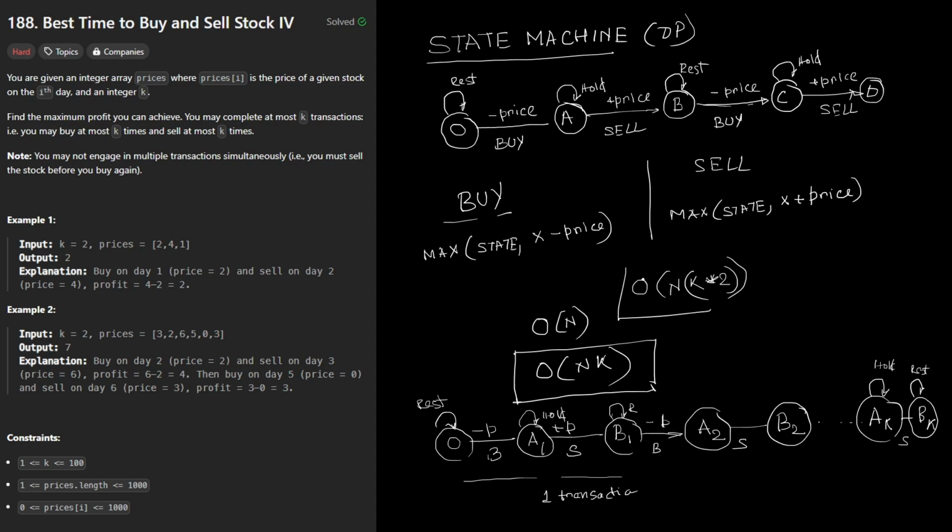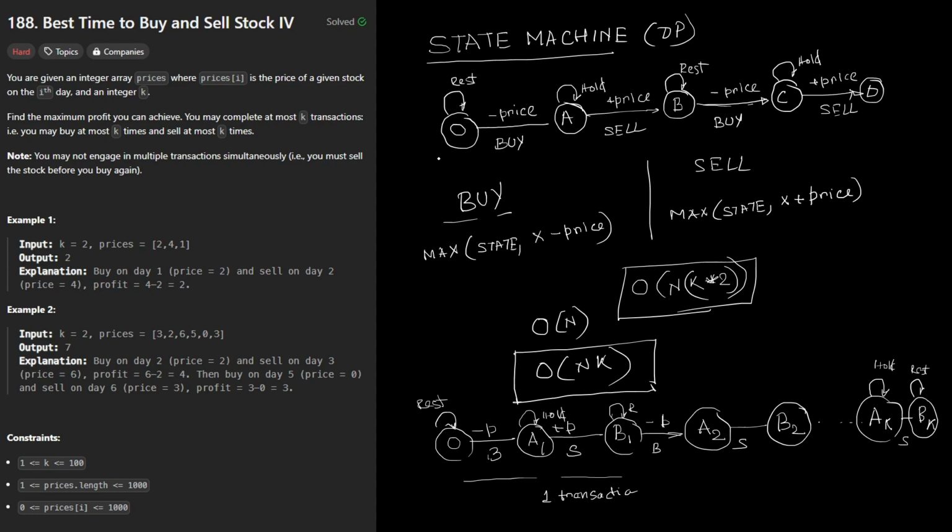And in the buy state, what would be the current state? x is the previous state value, and whenever we are selling, because we make a profit after selling, it would be x plus price, and whenever you buy a stock, it would be x minus price. Those things remain the same.